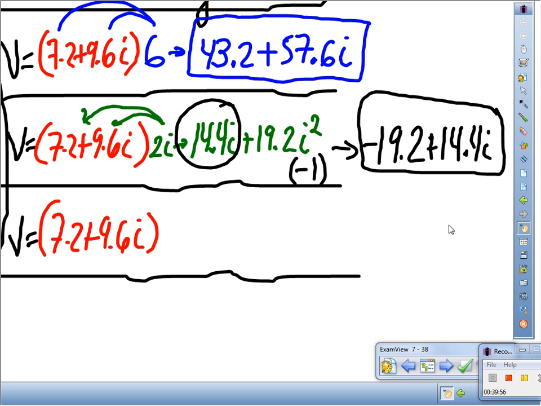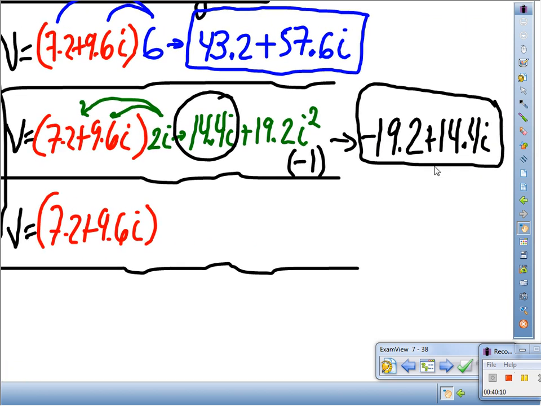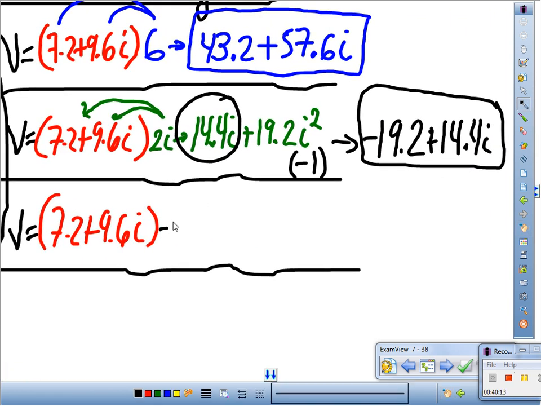All right, bless you. So the last one, the impedance is negative 10I. So I write negative 10I, distribute. I end up with negative 10 times 7.2 is negative 72I.